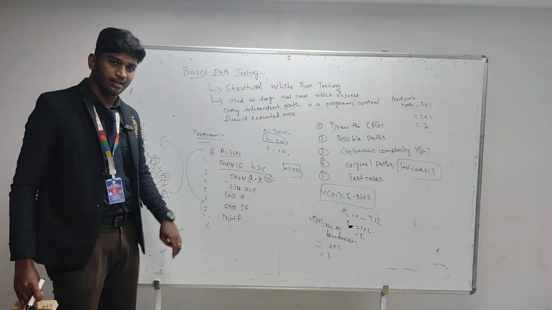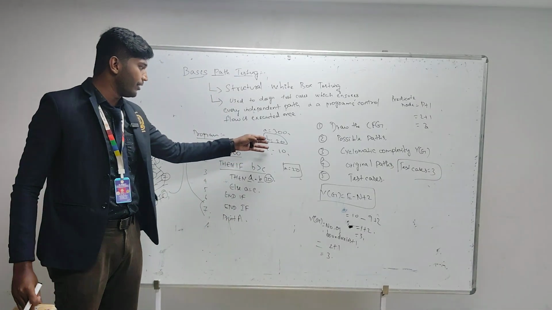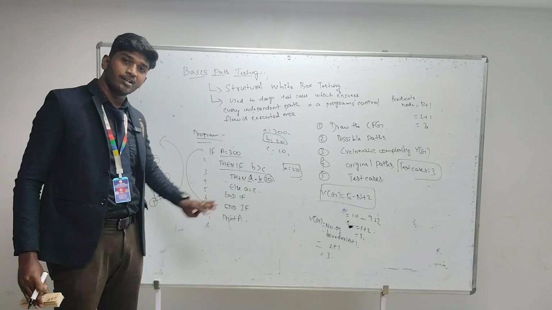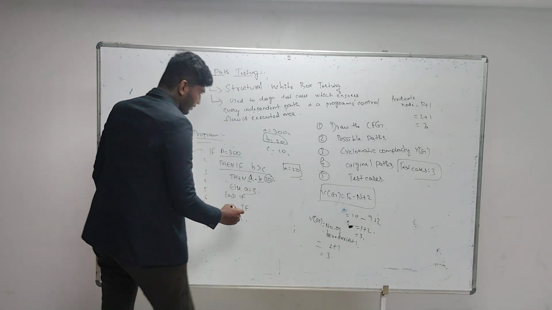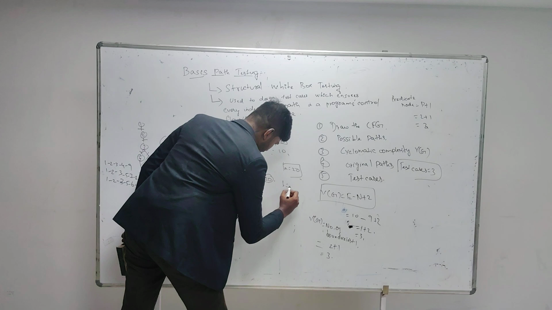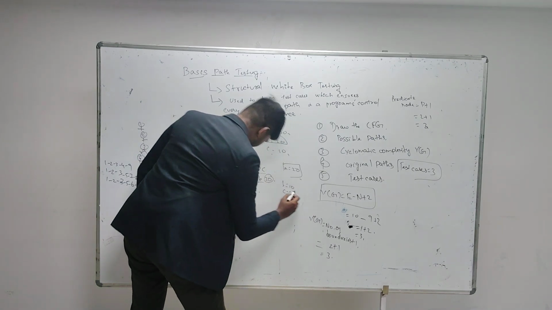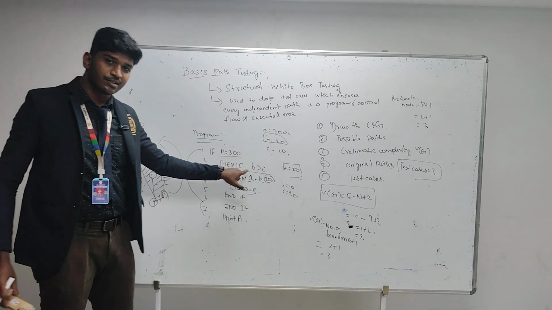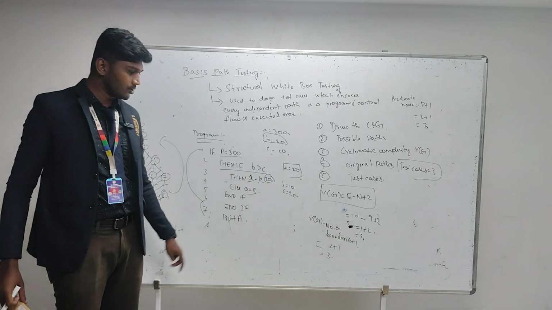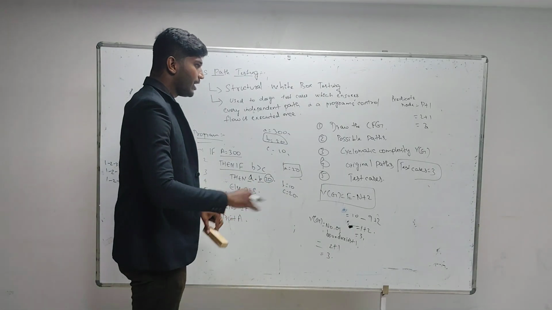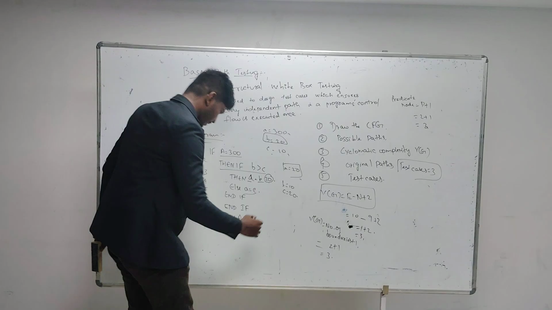And if this condition is not true, if the B value is 10 and the C value is 20, then you have to go with the condition A equal to C. So B is equal to 10, C is equal to 20. If this condition is not true, you have to switch over to this one, A equal to C. Similarly, you will get the A value as 20.